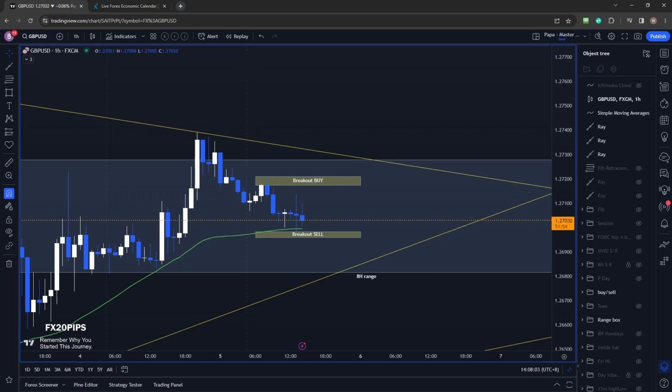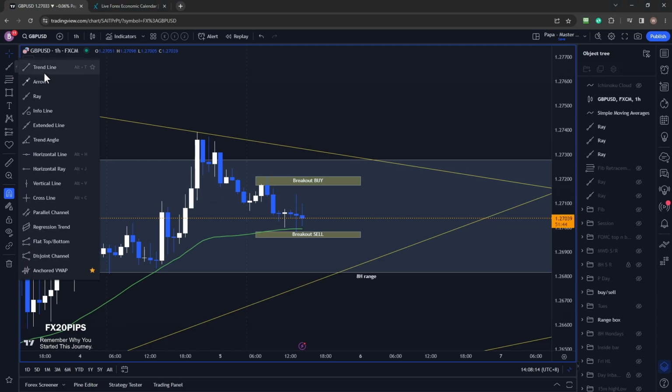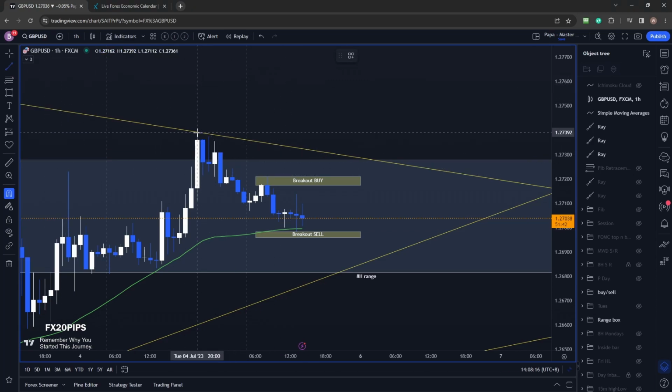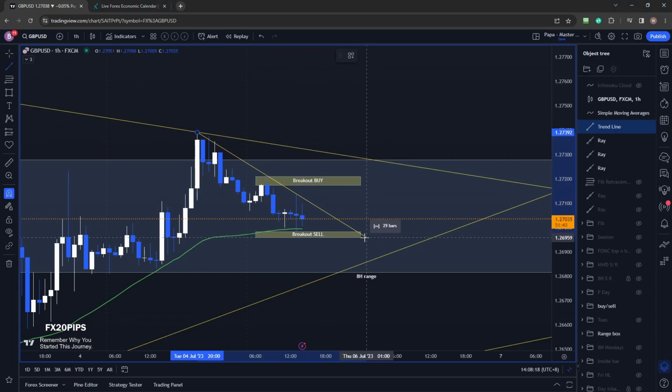Just looking at it, we can see the price is all above the 50 SMA. What we can do is draw another trend line. Oh yes, another one. From here to roughly here. Basically it touches this point, touches here, touches here, touches here, and I have the trend line.